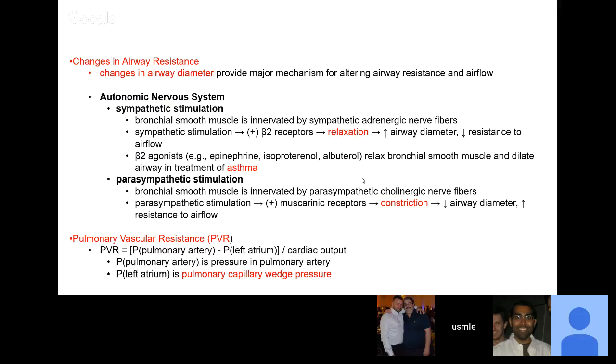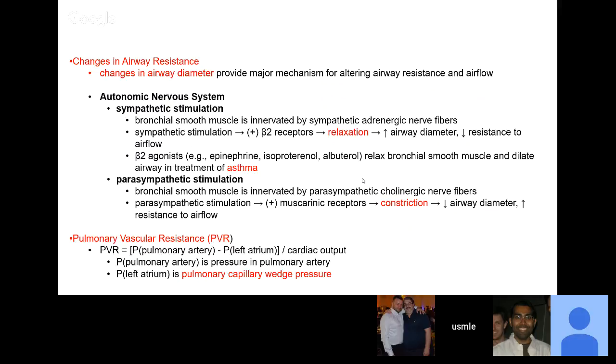So now the parasympathetic stimulation in that situation is going to be contrary to the sympathetic. This is parasympathetic, so cholinergic nerves, and those parasympathetic nerves in the lung, in the bronchi, are going to stimulate the muscarinic receptors. Remember, this is postganglionic. Preganglionic is going to be nicotinic, postganglionic is going to be muscarinic, always with parasympathetic.